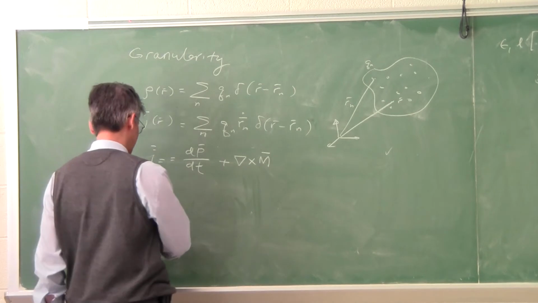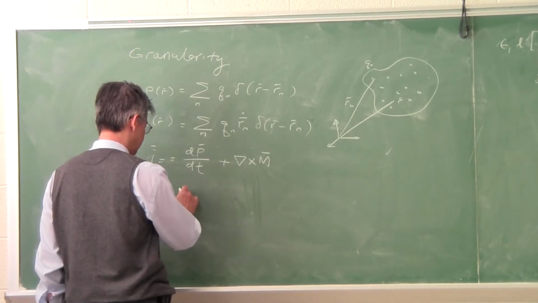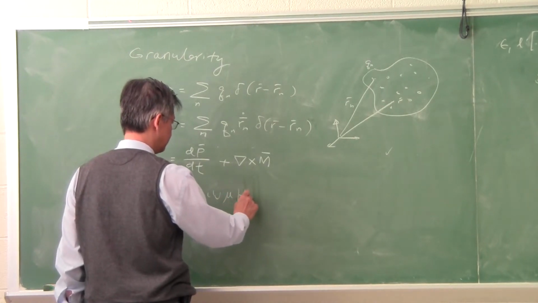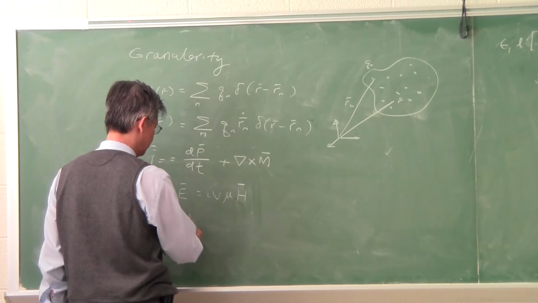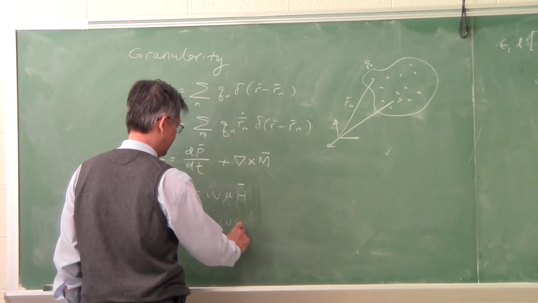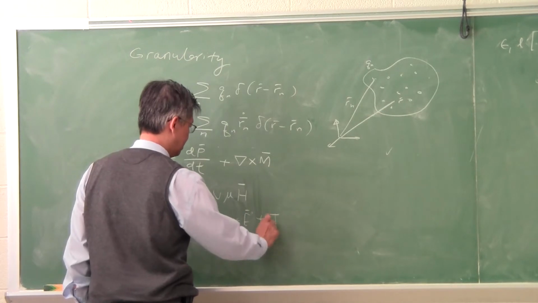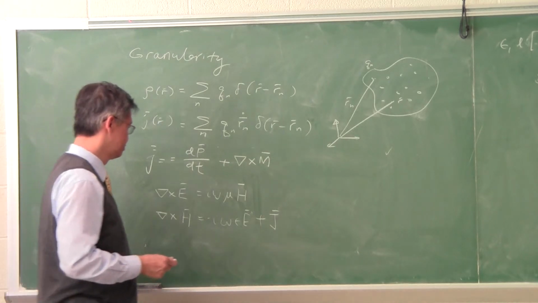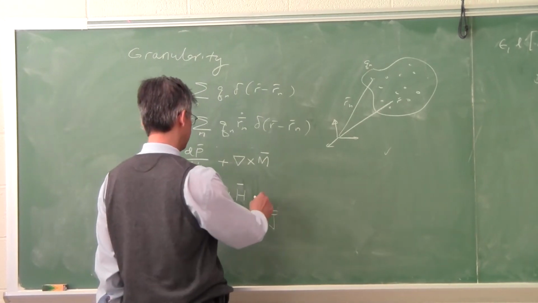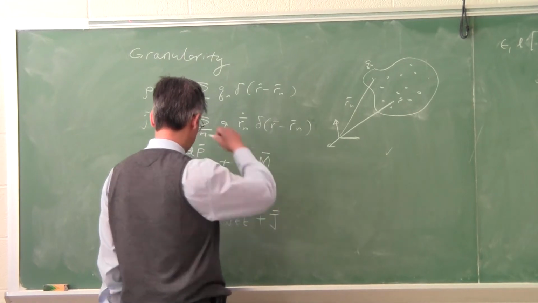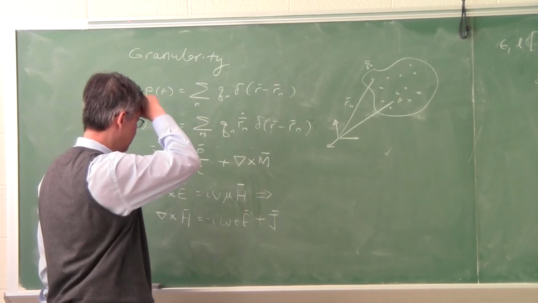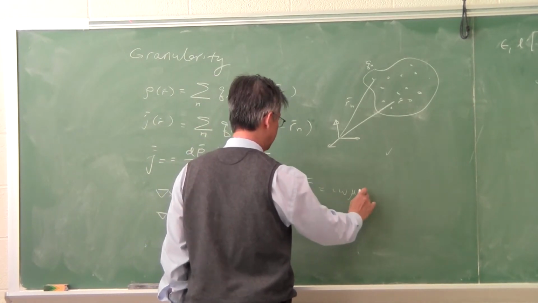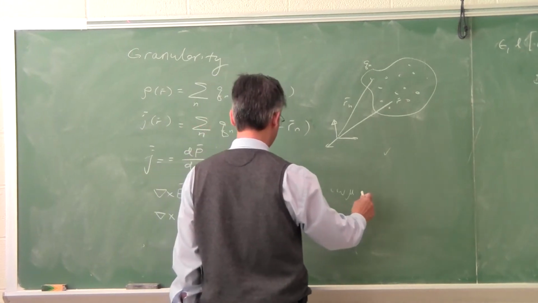And you can also see this from Maxwell's equations. Curl of E is i omega mu H, curl of H is i omega epsilon E plus J. Say if I have a magnetization, I can rewrite this. Curl of E is i omega mu, let me try with H plus M first.